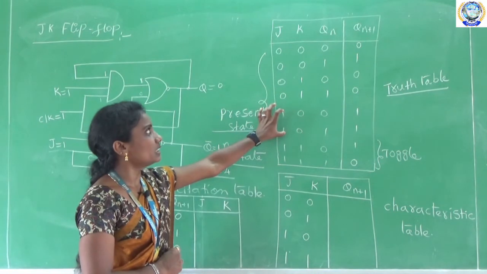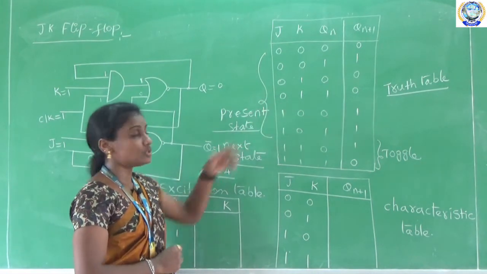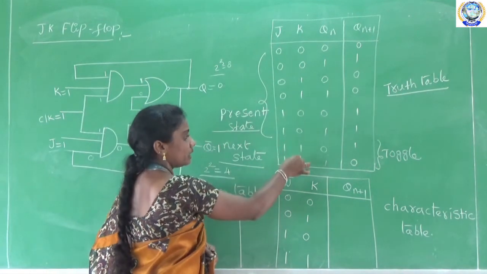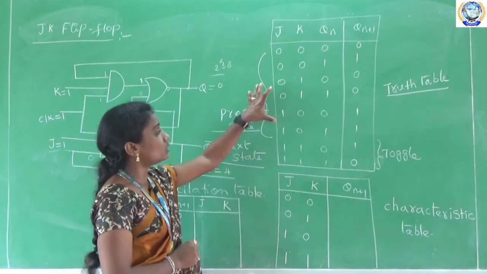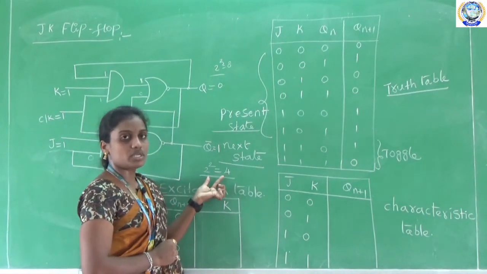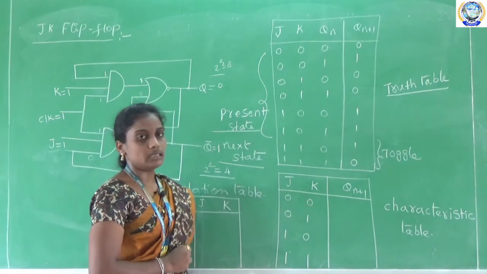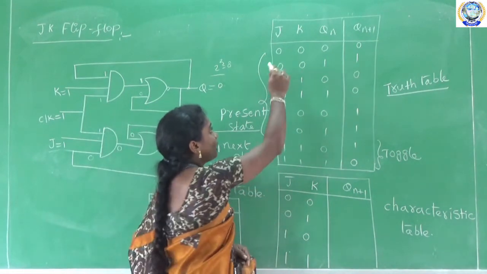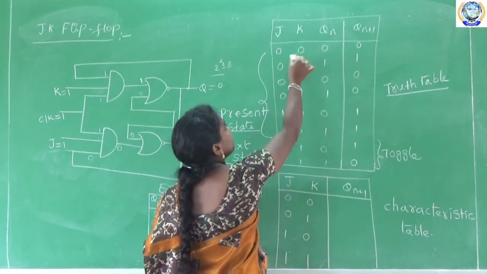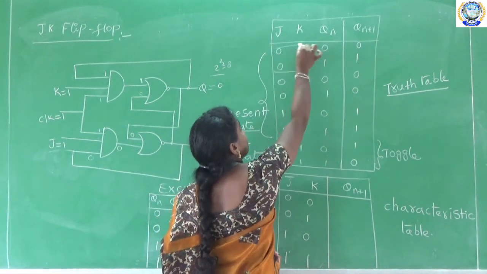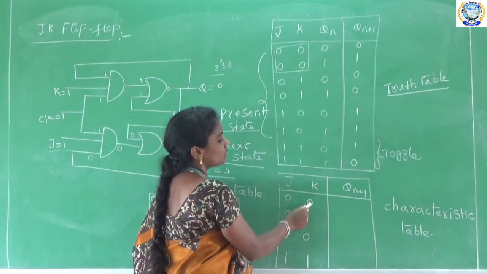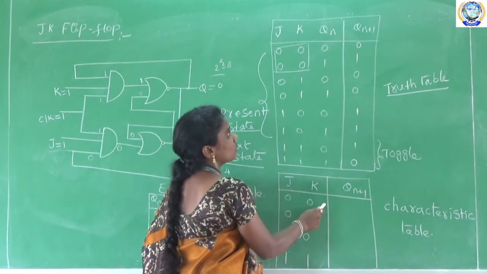If we consider 3 inputs, 2 power 3 equal to 8, so we have 8 combinations. So from these, now we will write the truth table for these 4 combinations of the inputs, that is J and K. Now, if we observe this truth table when J and K equal to 0, in this condition, what is Qn plus 1?